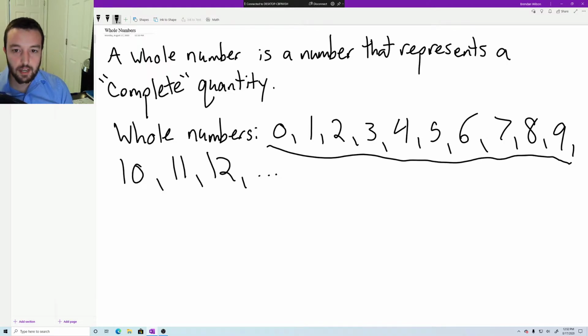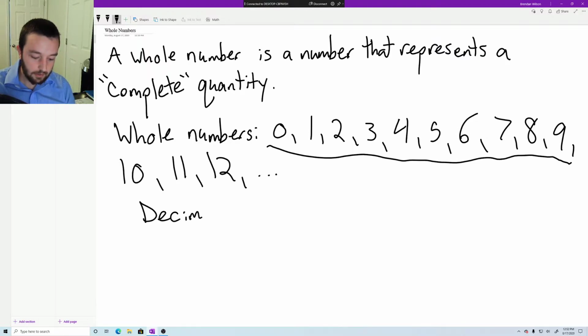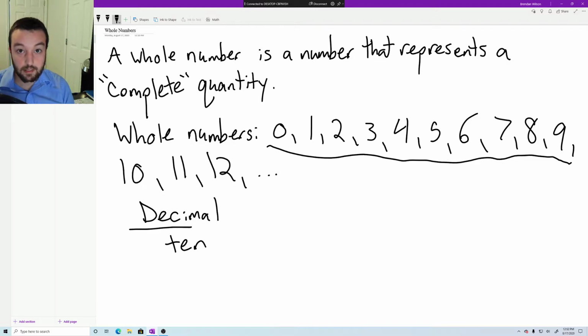So we only actually have 10 symbols for numbers, which is why we have what's called the decimal system, right? Deci is a prefix meaning 10, and that comes from the fact that we have 10 digits, right?